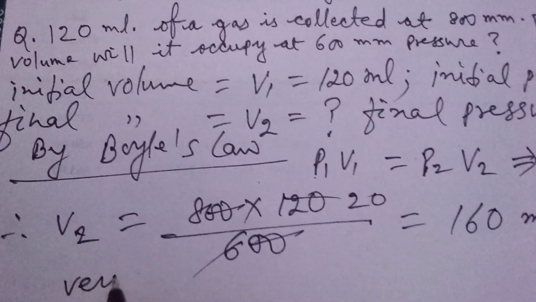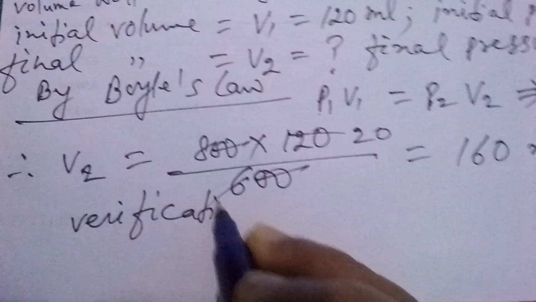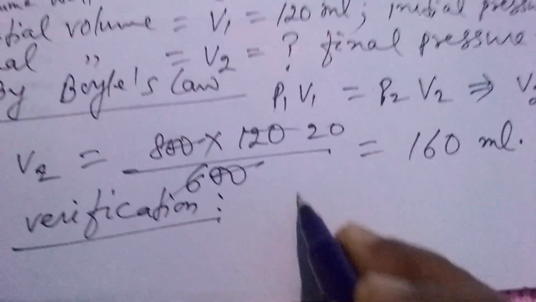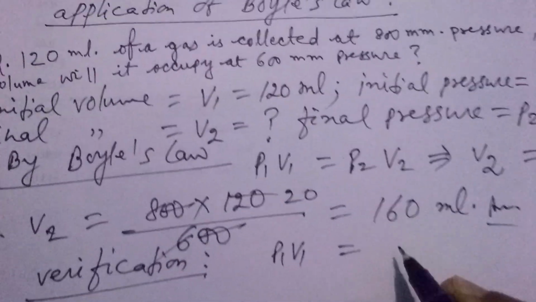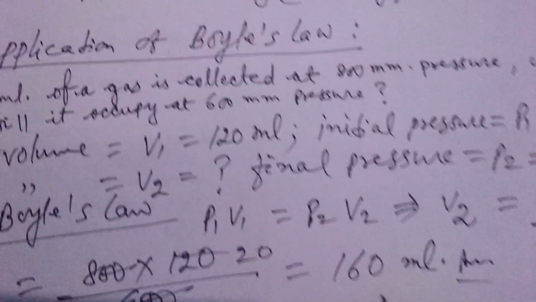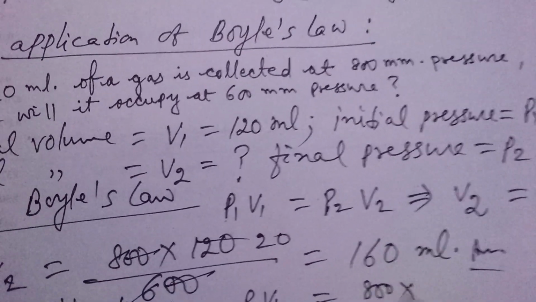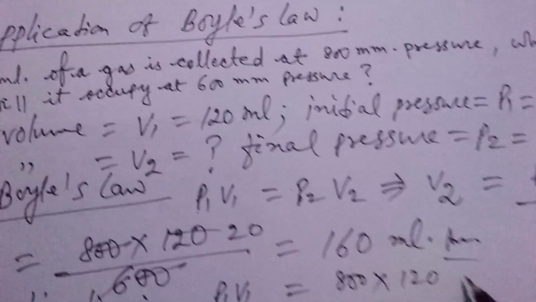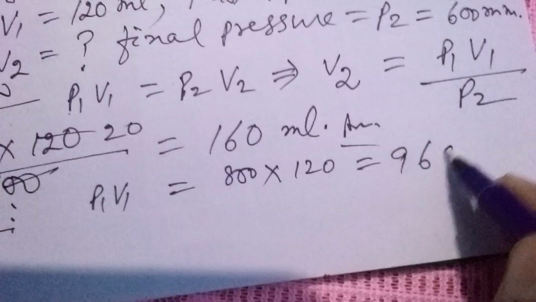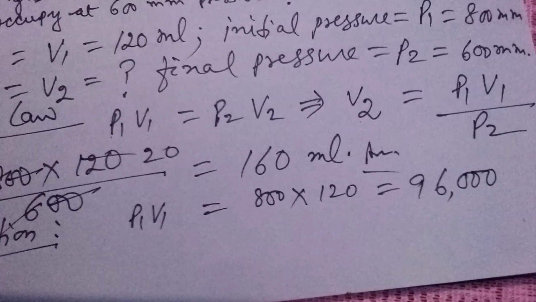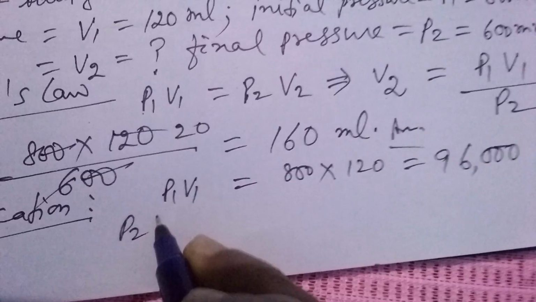And what is the verification? P1 V1. Now P1 is how much? 800. V1 is how much? 120. And then how much do you get? 12 8s are 96, and then 000, 96,000. Then P2 V2.